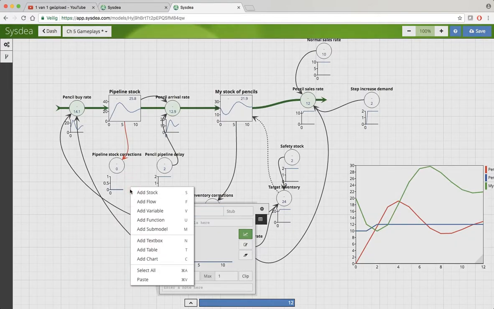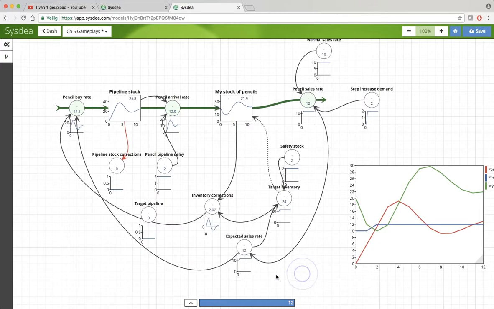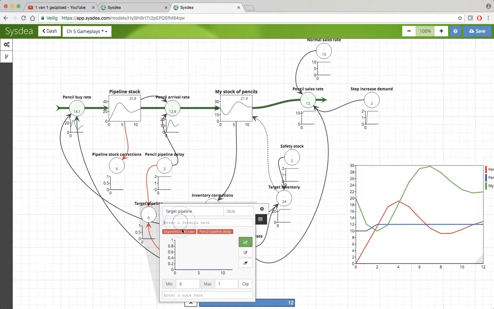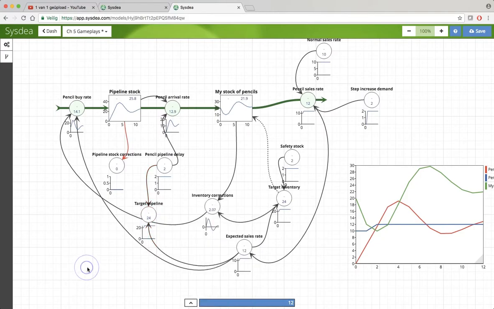And how much would that be? Well, as often, how much you normally would expect to sell, but also how many days inventory will travel through that pipeline, 2 days. So we have also a target pipeline here.